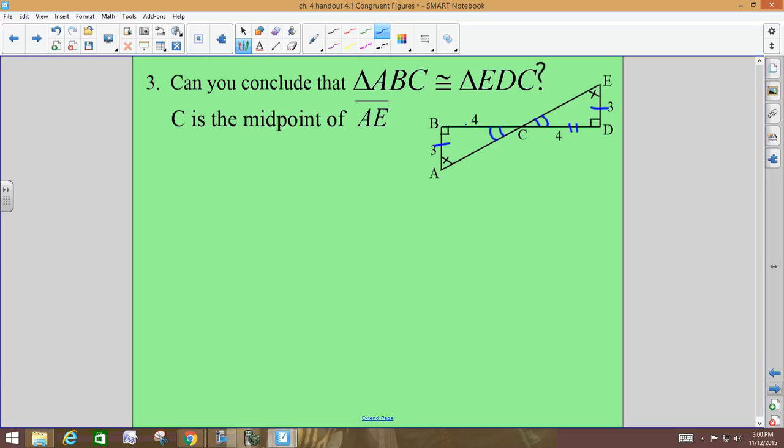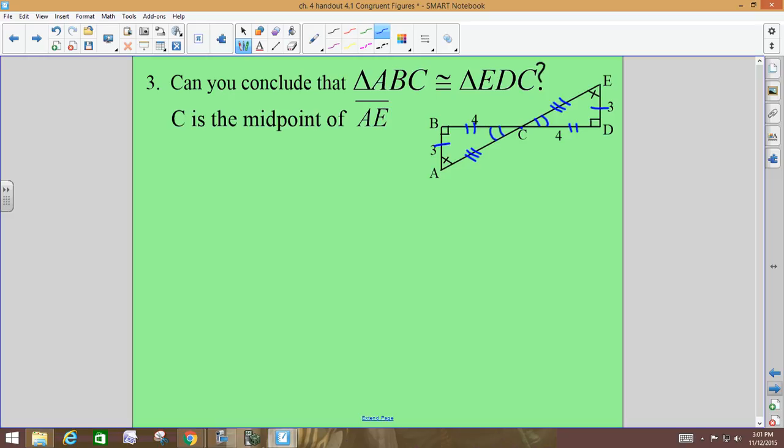They're congruent. Now we have to decide if AC is congruent to EC. Yeah, right here, this thing I made you add. Since C is the midpoint of segment AE, C is right in the middle of them. Therefore, the left side must be congruent to the right side.